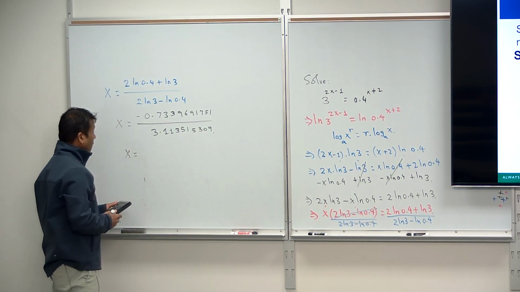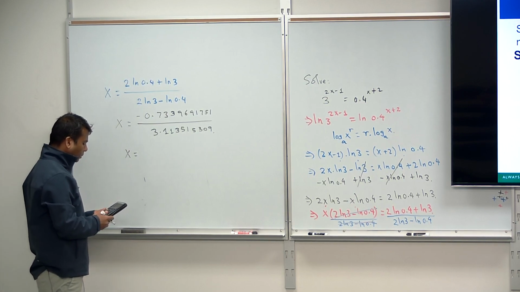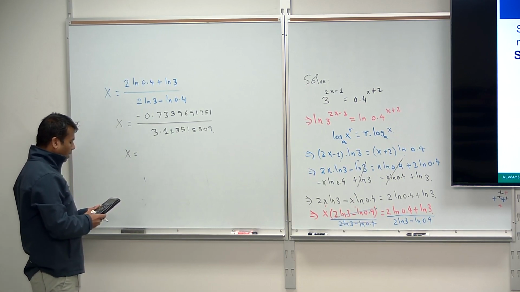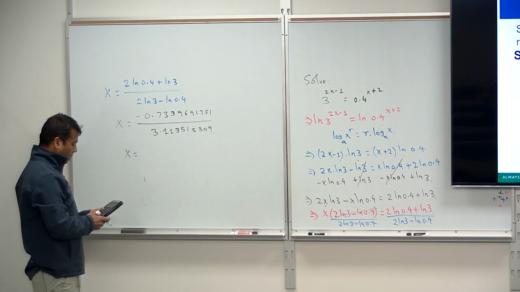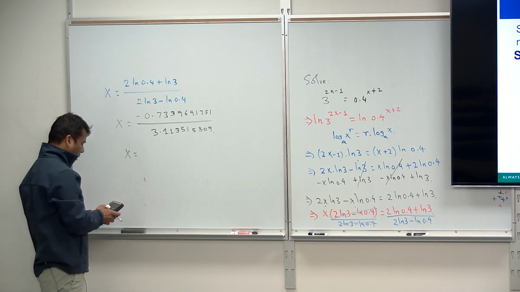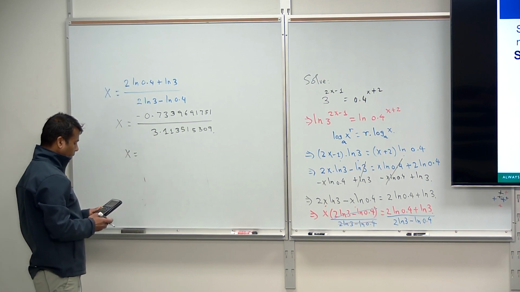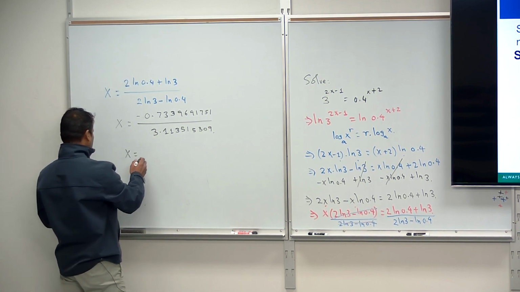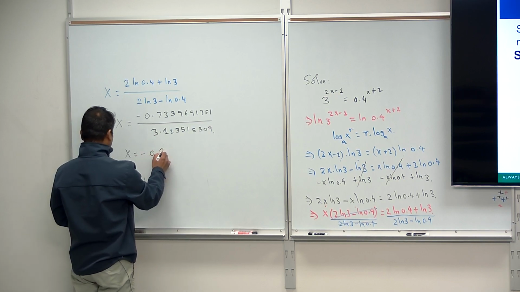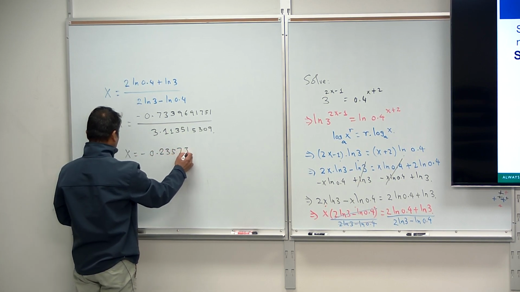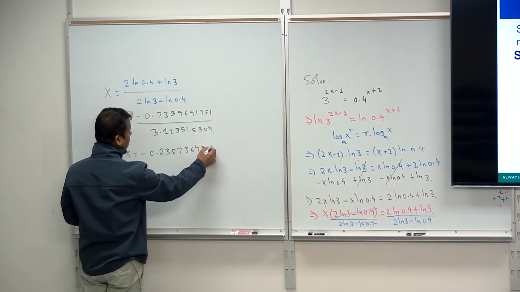So x equals, you divide negative 0.7339691751 by this, okay? So we got x equal to negative 0.2357364915.